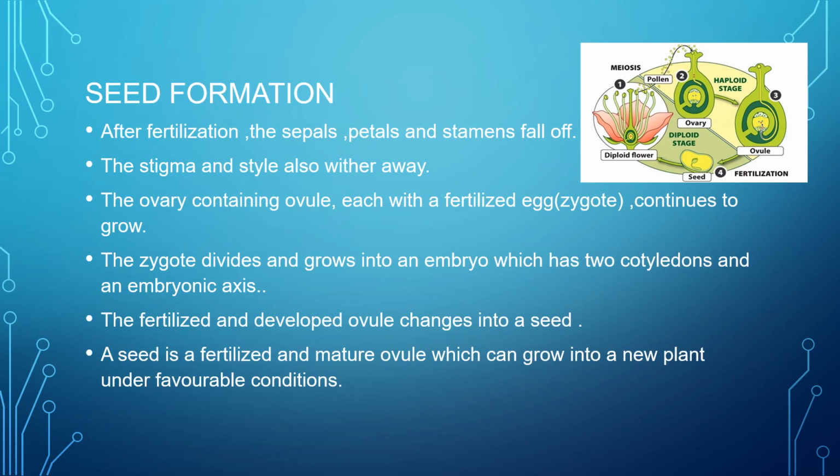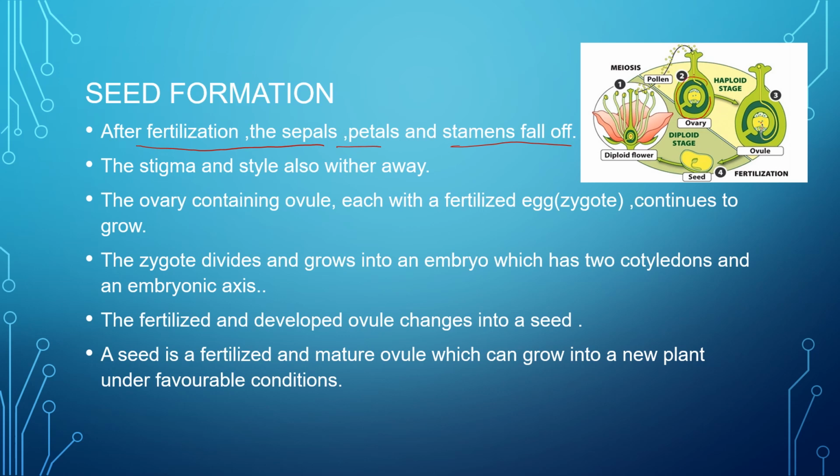Now after fertilization, the next step is seed formation. How does seed formation happen? First, after fertilization, the sepals, the petals and the stamens fall off. Just look at this diagram.